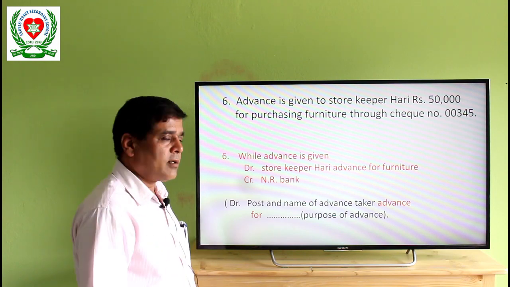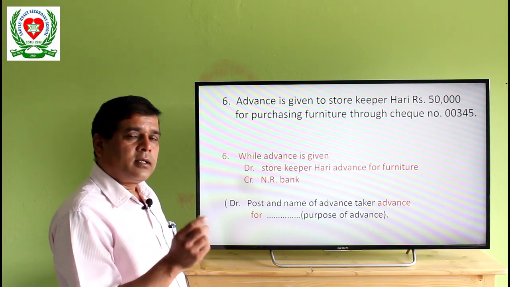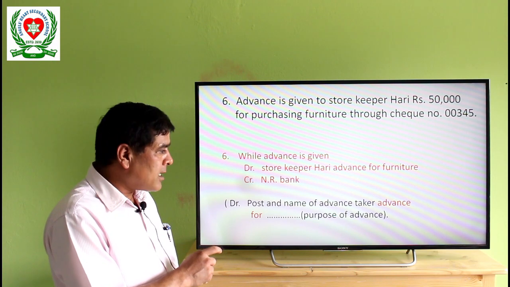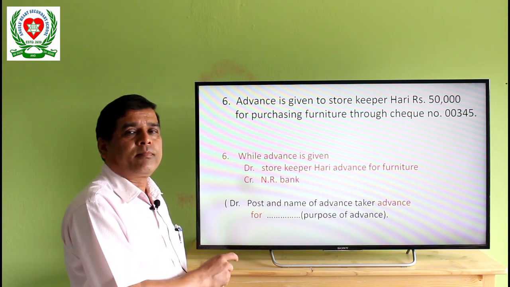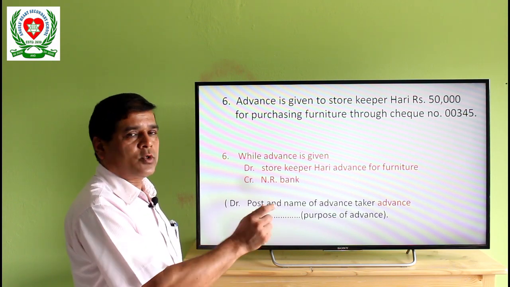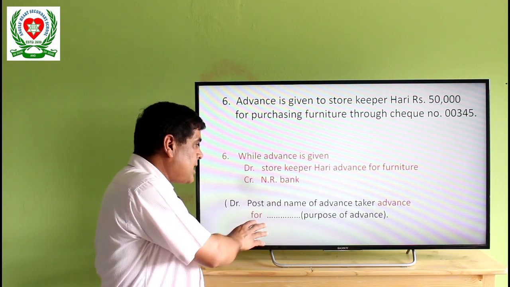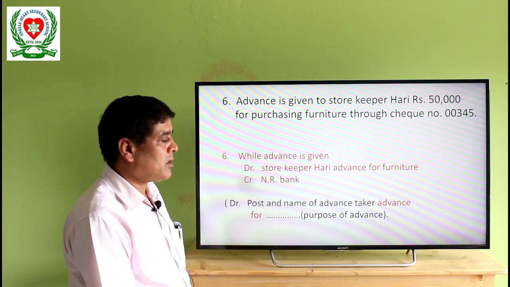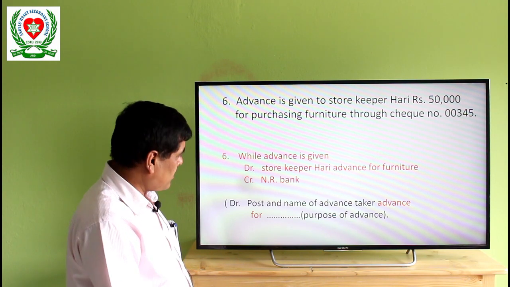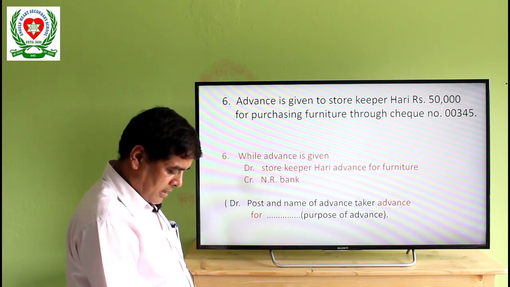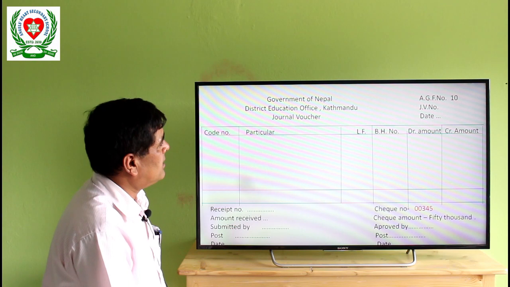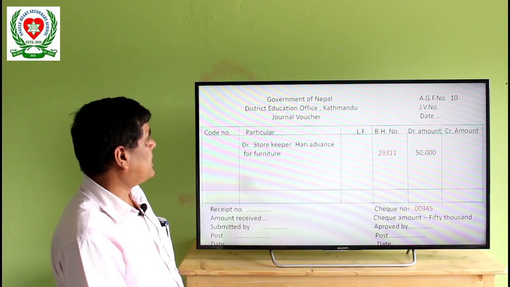While giving advance, the post and name of those who have taken the advance should be mentioned there, and the purpose for which the advance is given should be written, and credit NR Bank. Same thing we applied here.